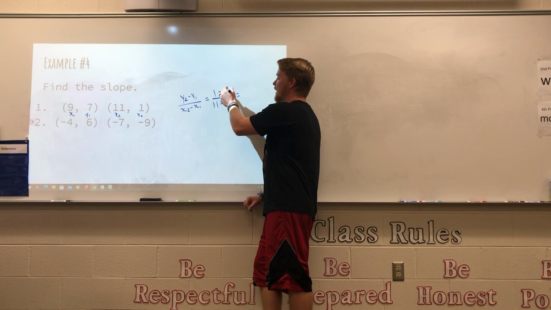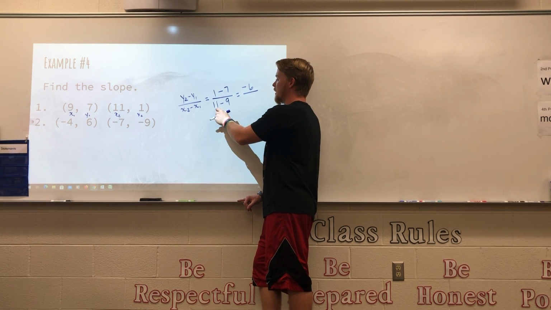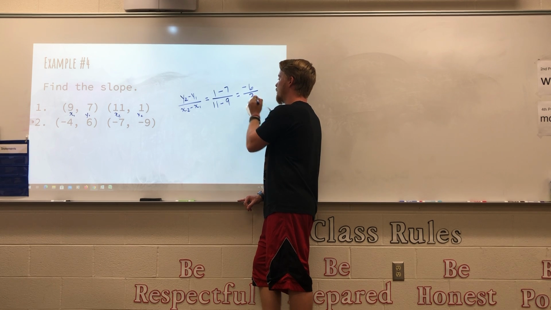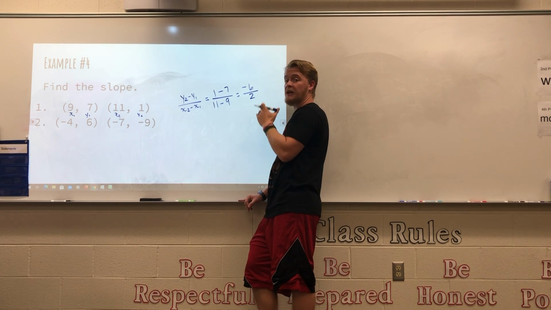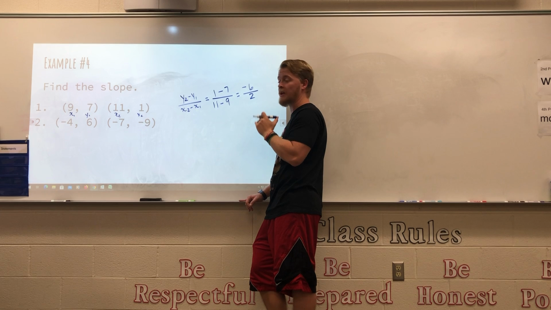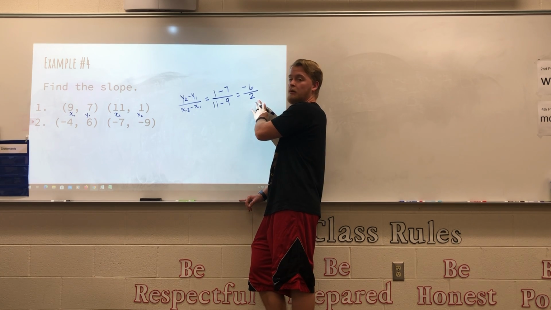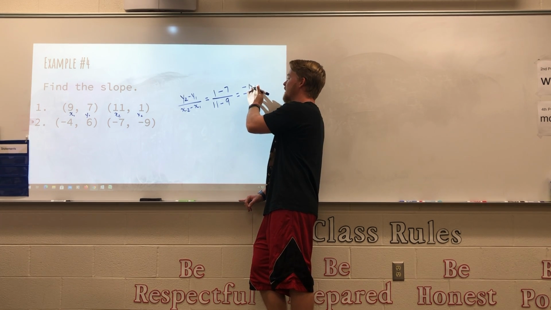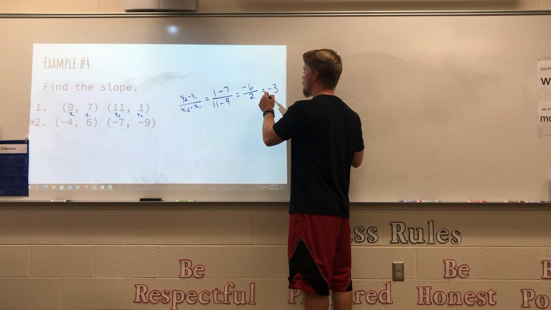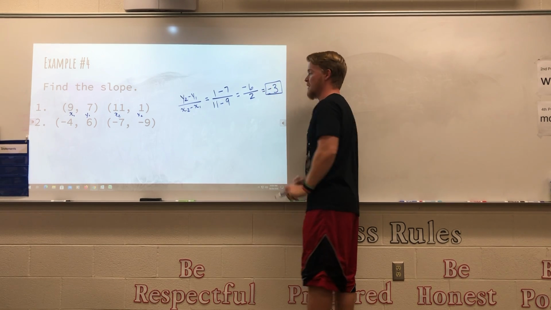We have 1 minus 7 on top, which is negative 6, over 11 minus 9 is 2. And then if it can reduce or simplify, make sure you do that. This would not be your final answer, because this can simplify. Negative 6 divided by 2 equals negative 3. So your slope for those first 2 points would be negative 3.